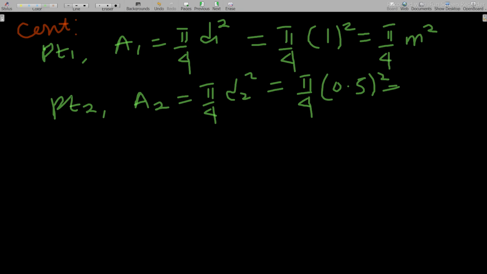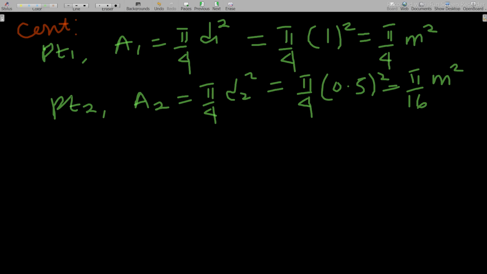So it's the same as pi over 16 meter squared. These are the areas we have. And now we know that from the Reynolds transport theorem, we're able to deduce that the summation of the extensive properties at both ends or at the boundaries should be the same.